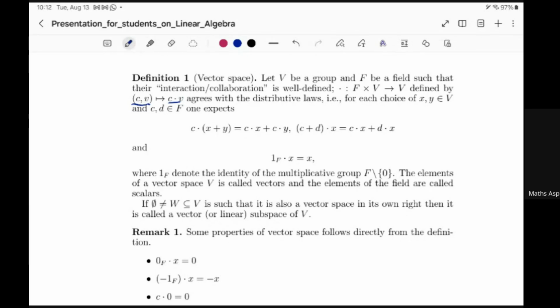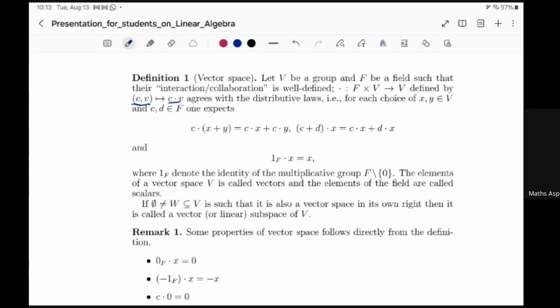In this case, for example, you can think of the field F to be R and V to be some Cartesian product of R with itself. Then c dot v is just multiplying all the coordinates of R to the n, for example, by c. That's how we define the dot in this particular example. But you can create more examples where the dot is defined a bit differently.